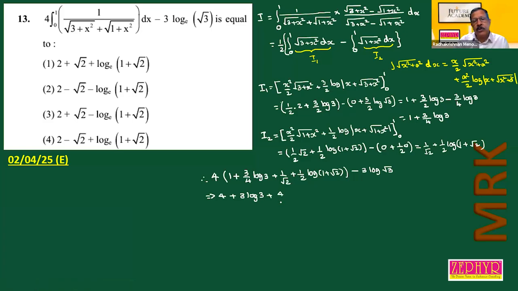Plus 4 by root 2 plus 4 by 2, that is 2 log 1 plus root 2 minus 3 log root 3.